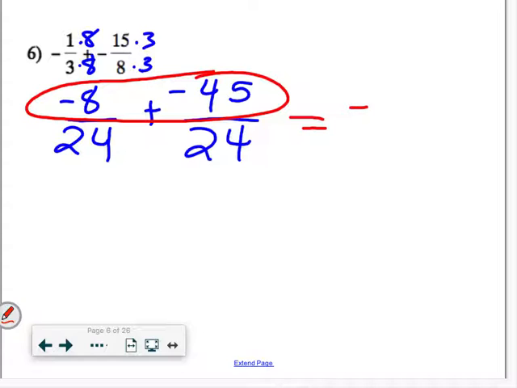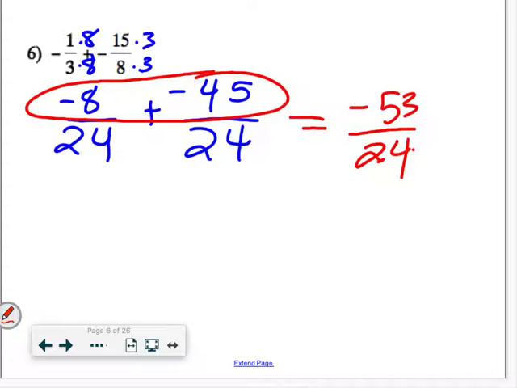So negative 53. Sorry, my brain was elsewhere there. Can I simplify? Doesn't look like it. 53 looks like it might be a prime number here. I think so. Yep. So nothing we can combine, or simplify to, I should say.